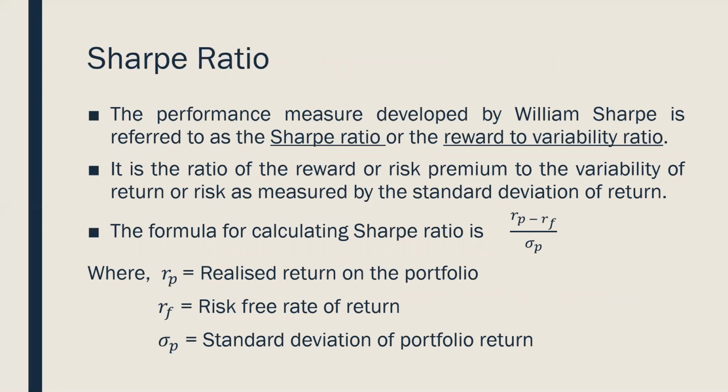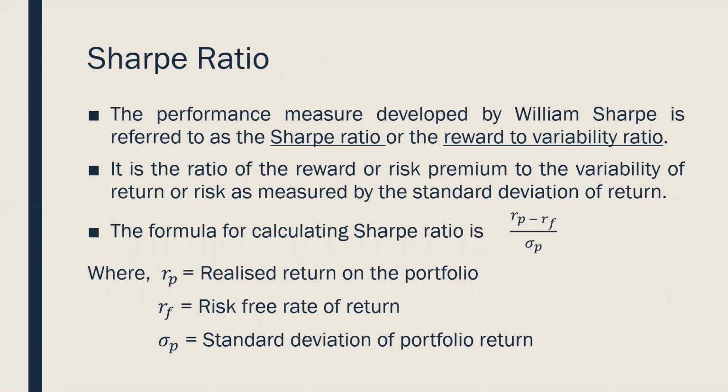Sharpe ratio. The performance measure which was developed by William Sharpe is referred to as the Sharpe ratio. It is also known as the reward to variability ratio. It is the ratio of the reward or risk premium to the variability of return, or risk as measured by standard deviation of return.